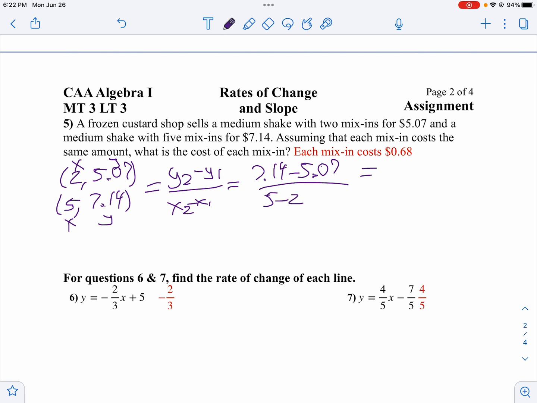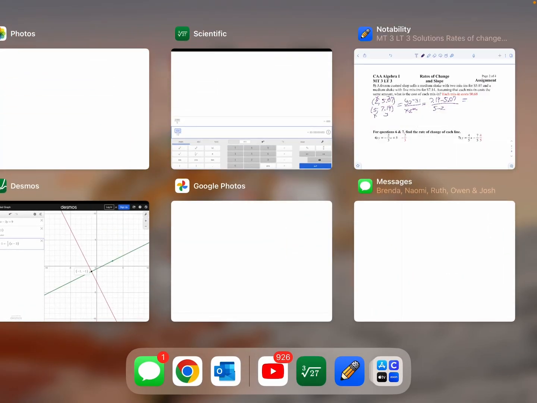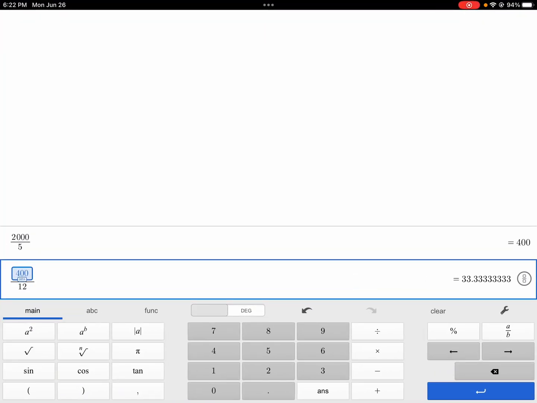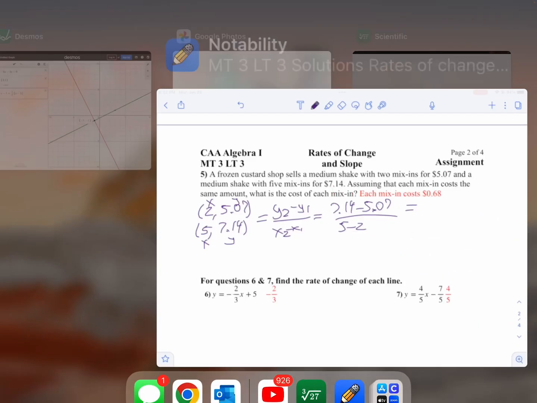Well, we'll go 714 minus 507. Let's find that calculator on here. And let me see. There we go. 714 minus 507 gives us $2.07.